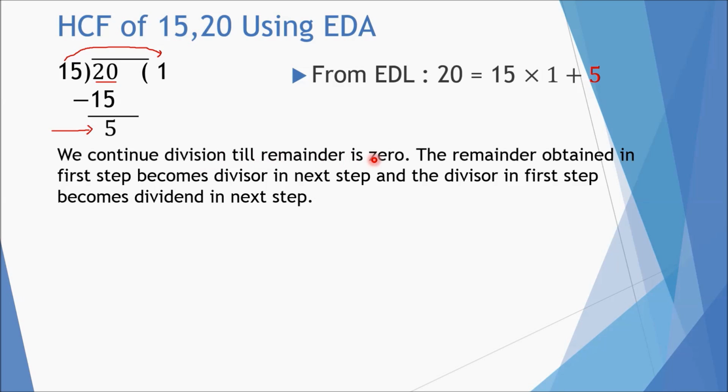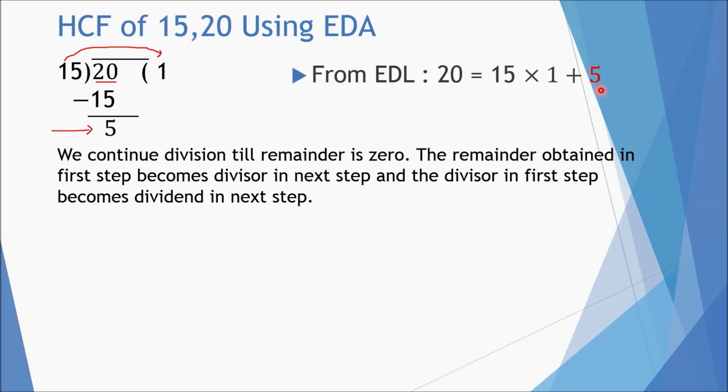We continue division till the remainder is 0. So we will divide numbers until we get the remainder as 0. The remainder obtained in the first step becomes the divisor in the next step, and the divisor in the first step becomes the dividend in the next step.